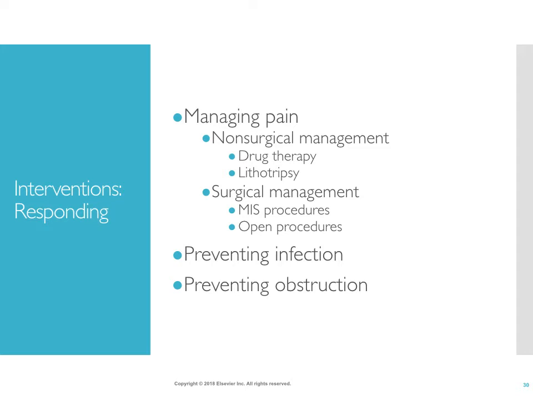Surgical procedures, they may do MIS procedures or open procedures to remove the stones. Sometimes they put stents in so that the ureter or the urethra is larger, stretches it so that the stone can pass through it.